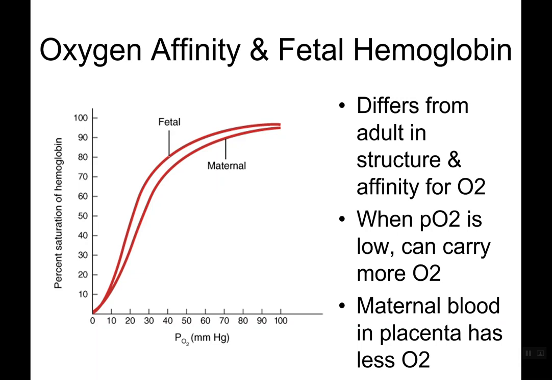What this means is that when the partial pressure of oxygen is low, which ordinarily would mean that you couldn't carry as much oxygen, fetal hemoglobin can carry more O2 than adult blood.